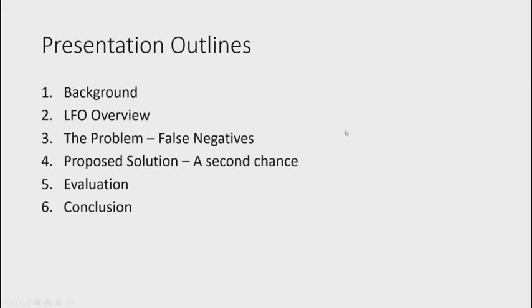For the rest of this presentation, we will give an overview of the LFO caching algorithm and a problem about this algorithm that we tackled in our work, and our proposed solution, and our evaluation setup and result. At the end, we're going to conclude this presentation.